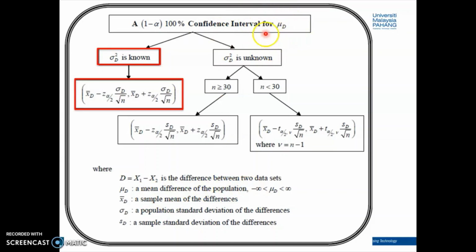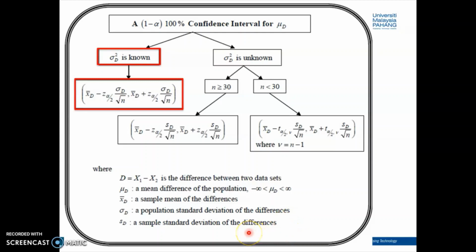Mu D is the difference between 2 data sets which are dependent. And x bar d here is the sample mean of the differences. Sigma d is the population standard deviation of the differences. And SD is the sample standard deviation of the differences.